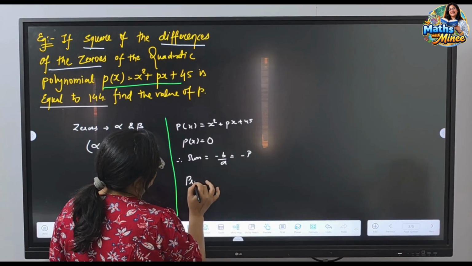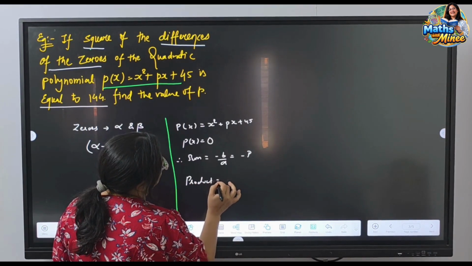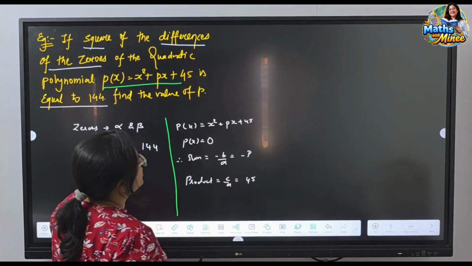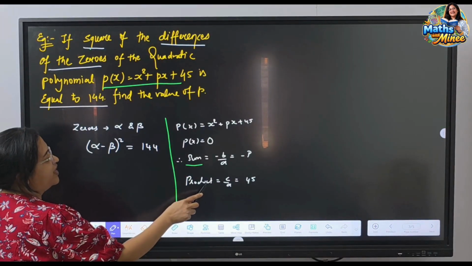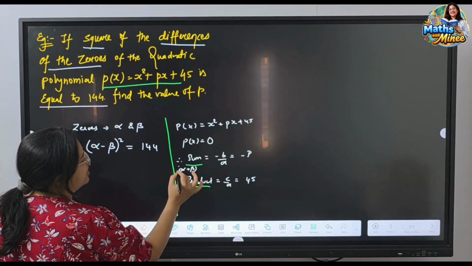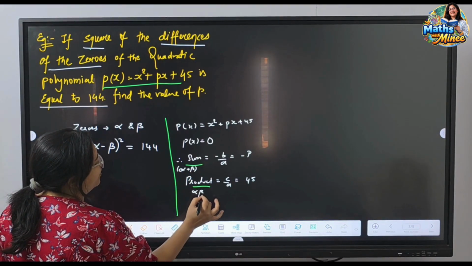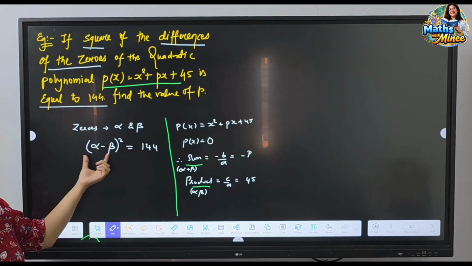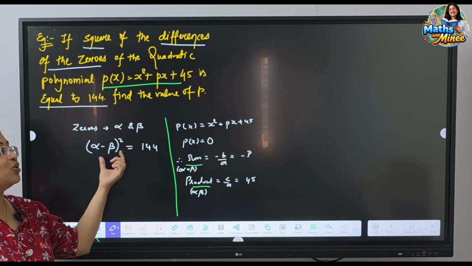If we say the product is equal to c upon a, that is equal to 45. Now we have the sum and we have the product. It means that we have alpha plus beta and we have alpha beta.